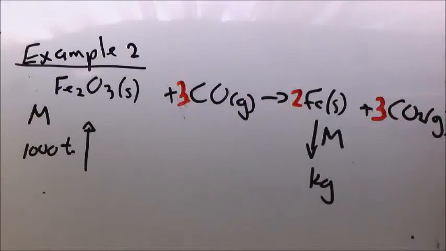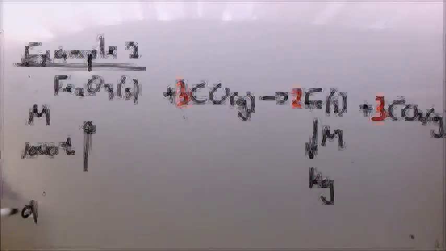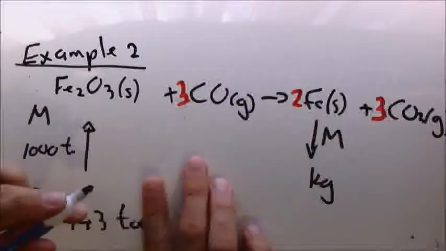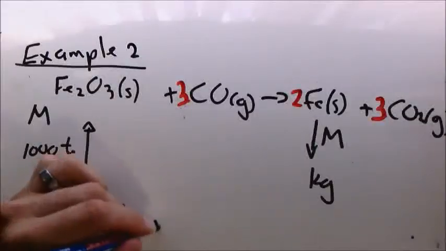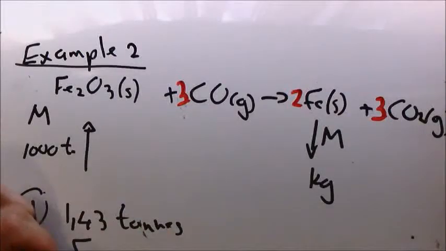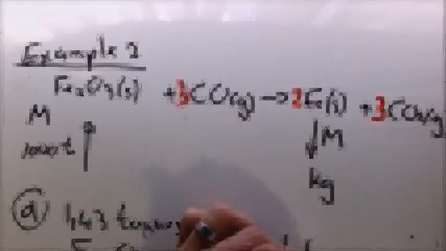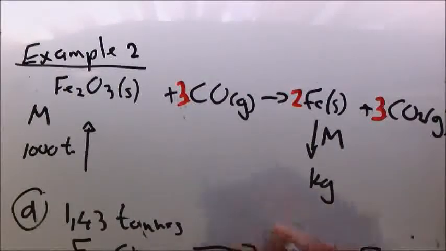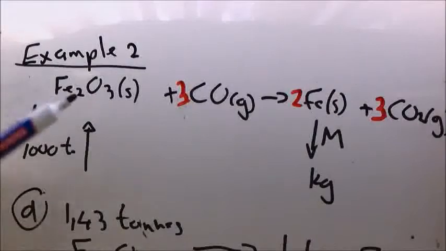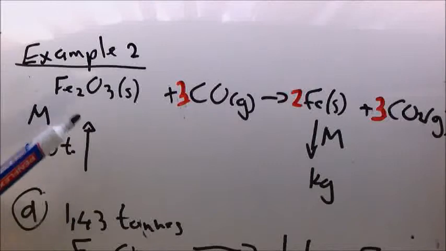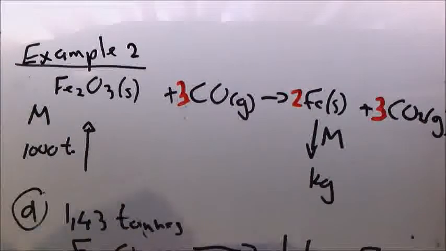So we know that, for D, 1.43 tons of iron oxide gives us 1 ton of iron, right? But now they want to know if the ore is 85% iron oxide. How many tons of ore is needed to produce 1 ton of iron?